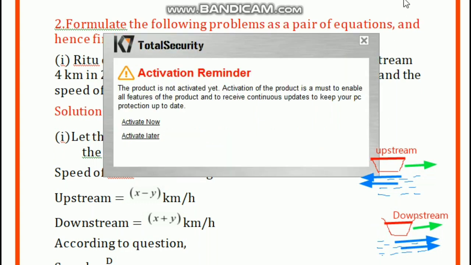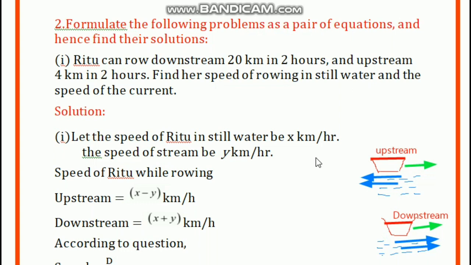The best example for this is the escalator. You all have experience of escalators, which are used in big shopping malls. In the escalator, if you are moving upstream, that is, upward on the escalator, what will happen?